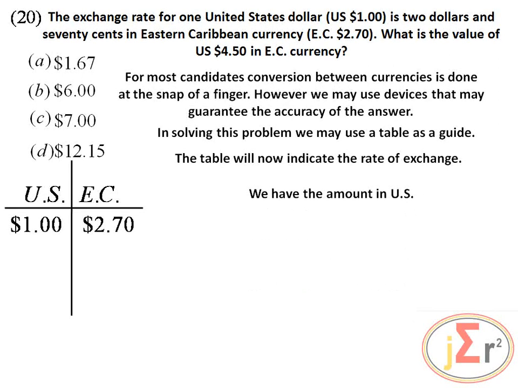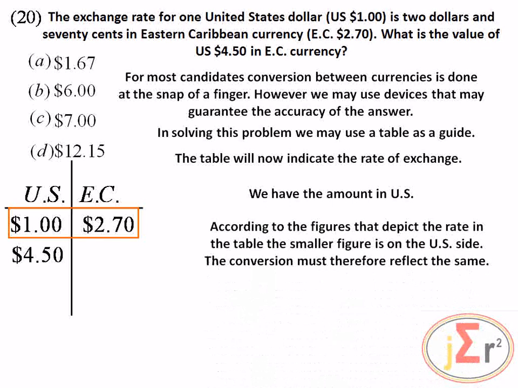We have the amount in US. So the amount in US is placed there, $4.50, and we need the amount in EC. Considering also in the table that we have the rate, what do we know? According to the figures that depict the rate in the table, the smaller figure is on the US side.